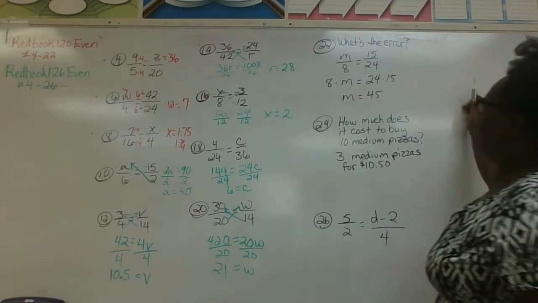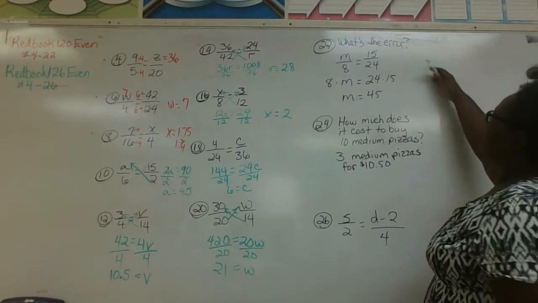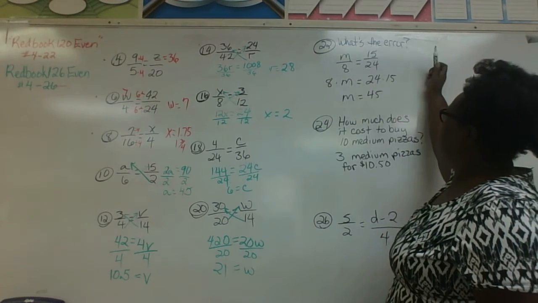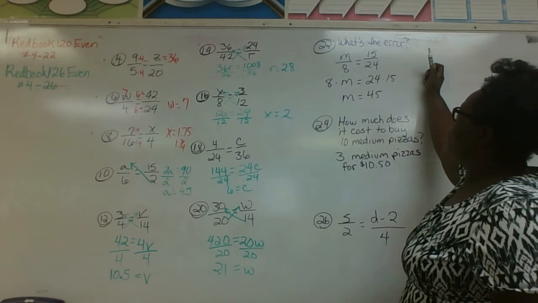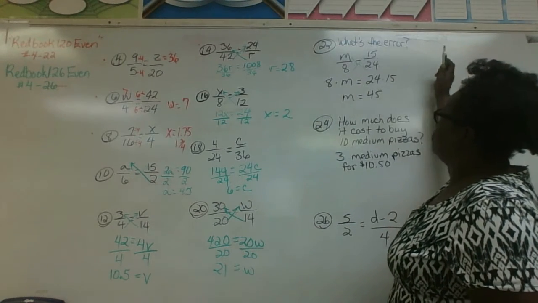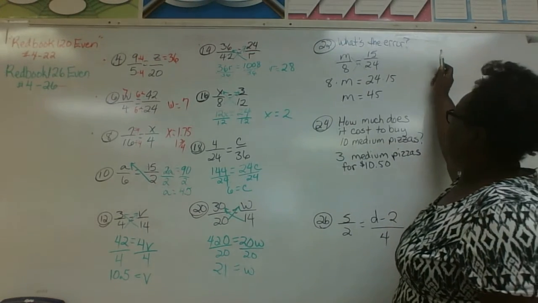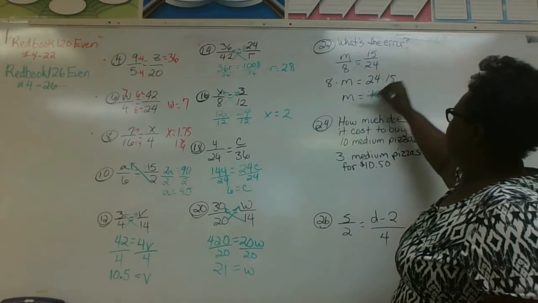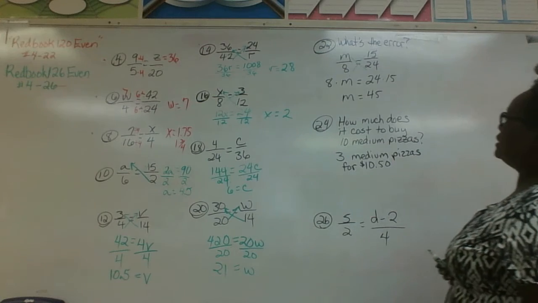What is the error? Okay, here they multiply 8 times m. Well, the problem with that is that we did not get a cross product. They multiplied the numerator times the denominator, and therefore they got an erroneous answer.